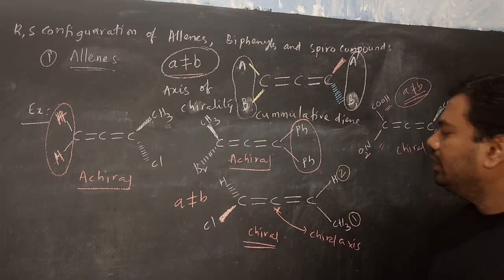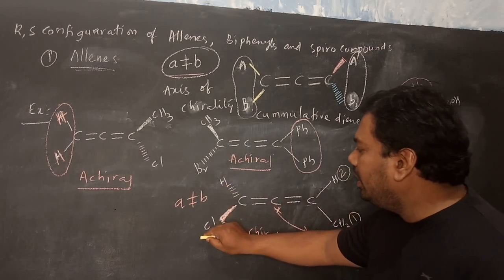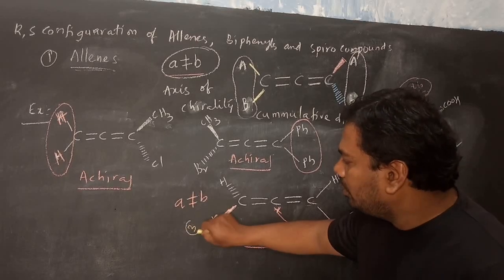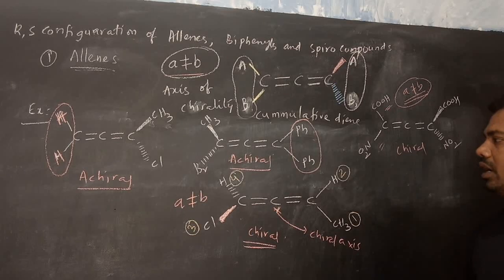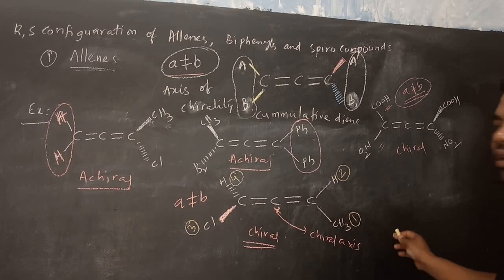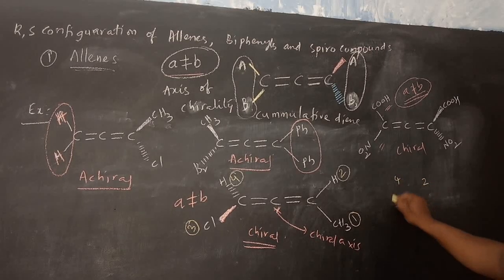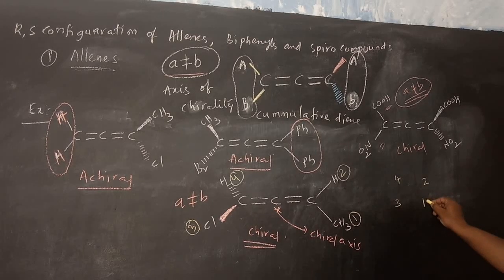After giving the priority of these two atoms, the atomic number of chlorine is more than the hydrogen atom. So here the priorities are 1, 2, 3, 4. Just write 1, 2, 4 and 3. Look at the order 1, 2.